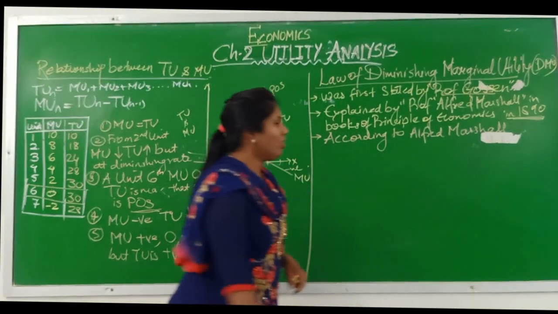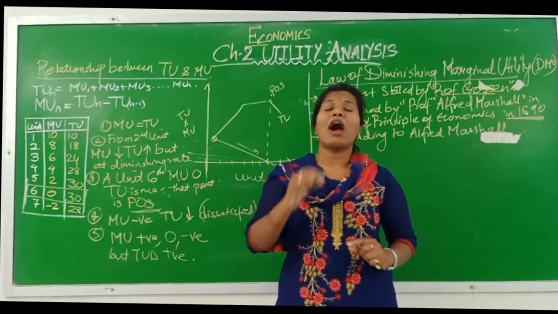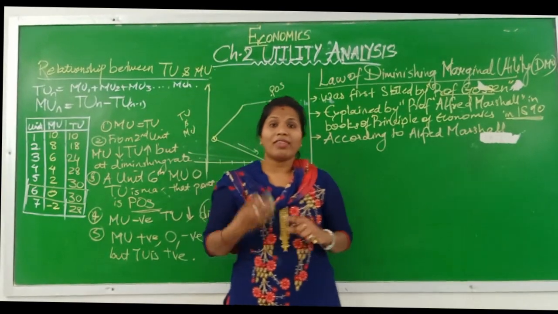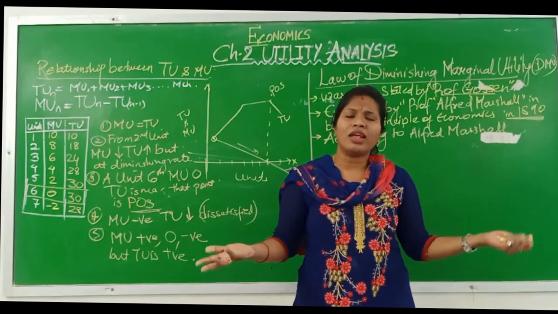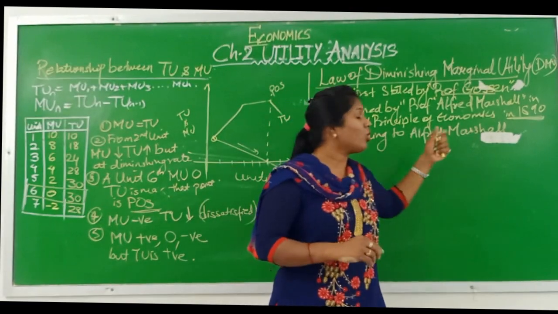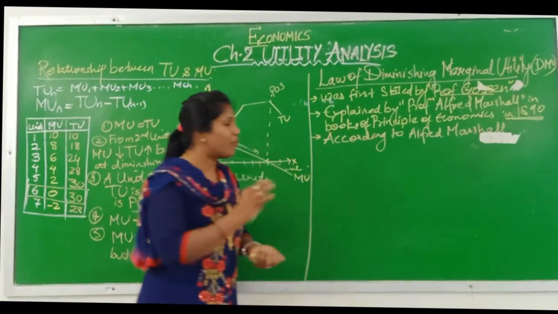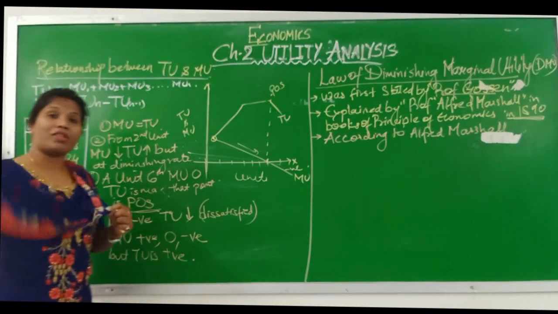Now let me tell you kids, every law has certain assumptions and also certain exceptions. As I have explained to you, microeconomics is based on certain assumptions. So every law is based on assumptions. According to Professor Alfred Marshall, the very first thing that he has stated is other things remain constant.